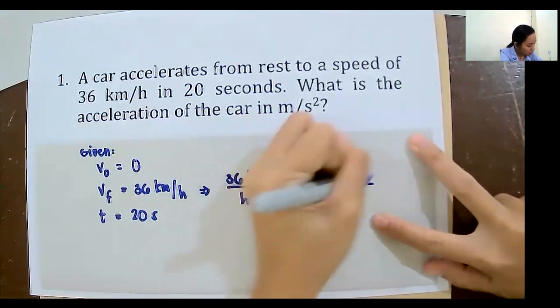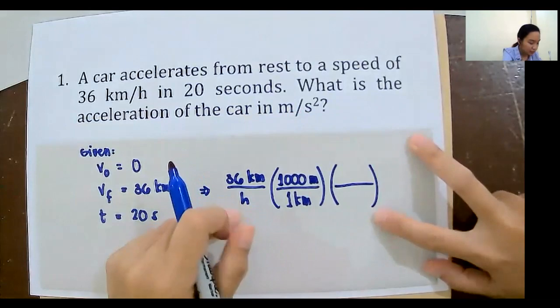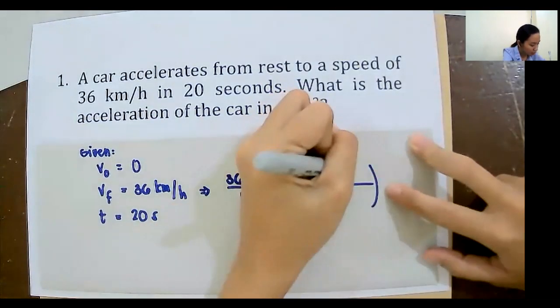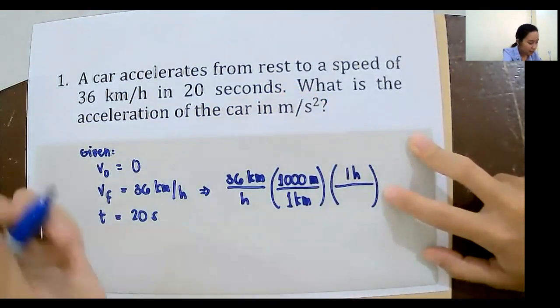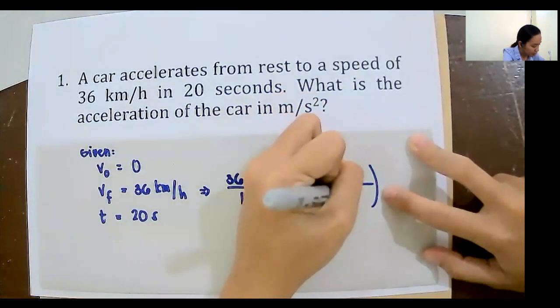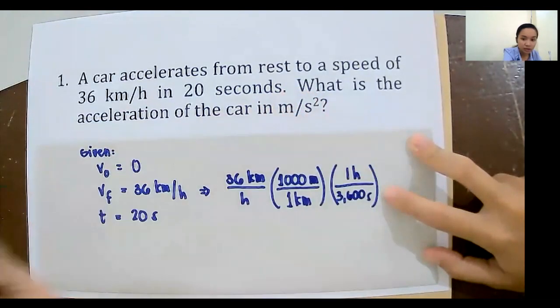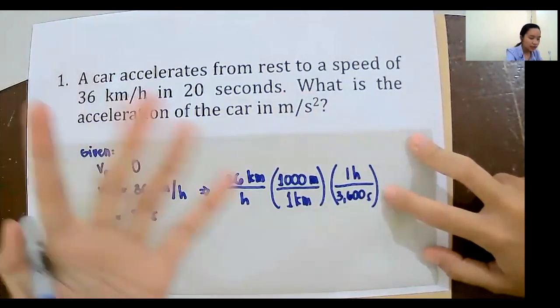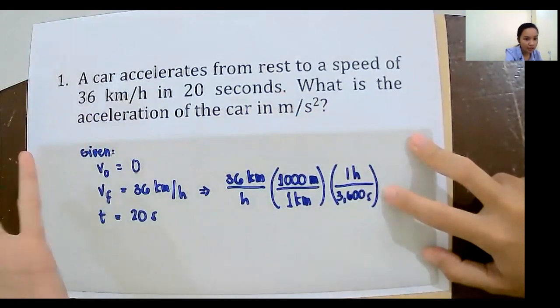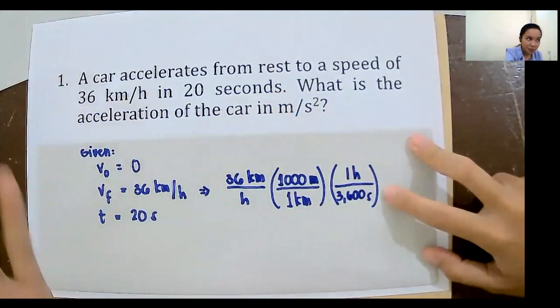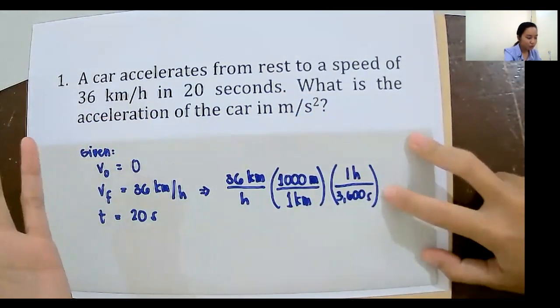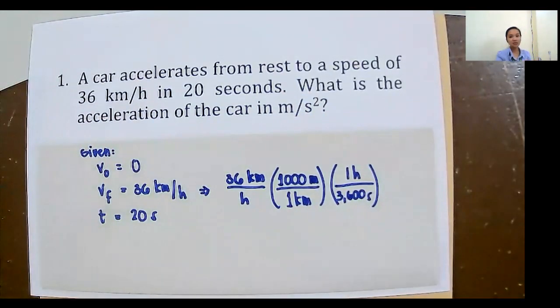Now, what about the h? To cancel it out, I will place 1 hour on top. And in 1 hour, we have 3,600 seconds. How did I get that? In 1 hour, we have 60 minutes, and per minute, we have 60 seconds. So you multiply 60 times 60, you will get 3,600 seconds.